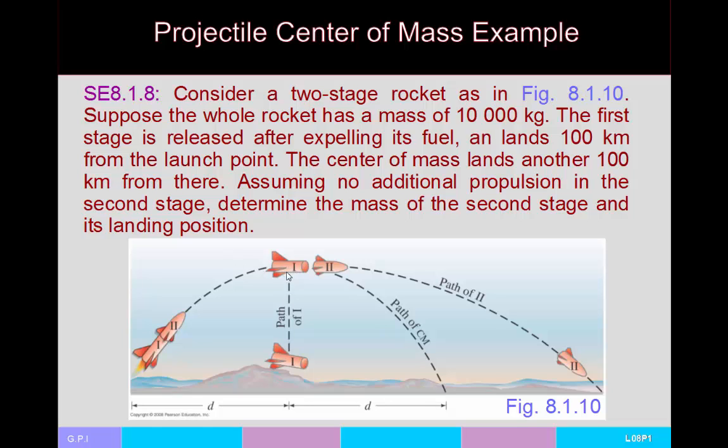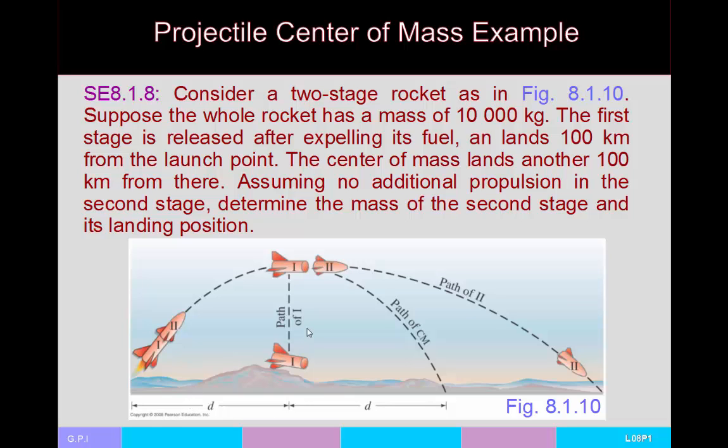The back half of it is blasted off and lands only 100 kilometers from where the rocket took off at. We'll call that half the total distance of the center of mass, and we want to know where the second one is going to land. This is assuming, of course, that there's no further propulsion in rocket number 2.